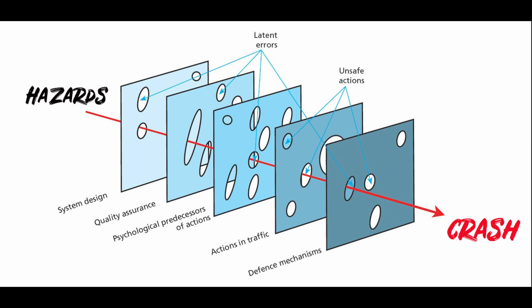The model includes active and latent failures. Active failures encompass the unsafe acts that can be directly linked to a crash, such as when a driver drives out of the road because of sleepiness, and latent failures include contributory factors that may lie dormant for days, weeks, or months until they contribute to the crash.